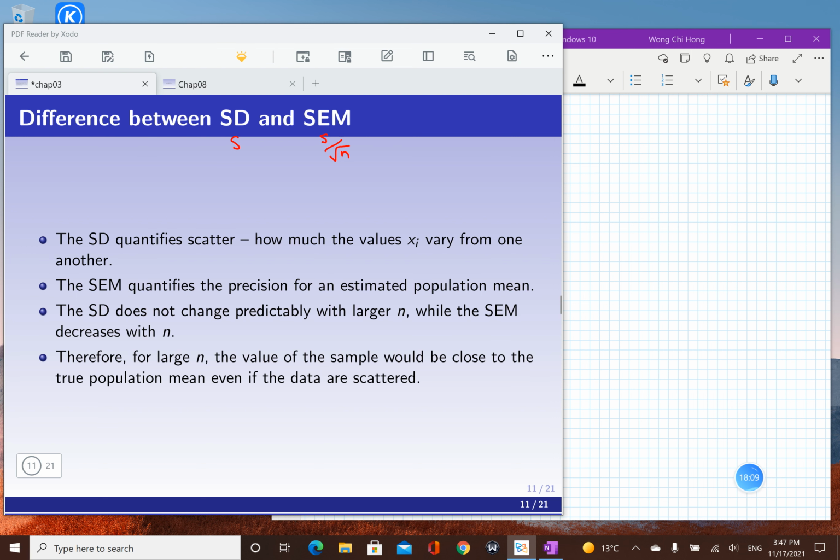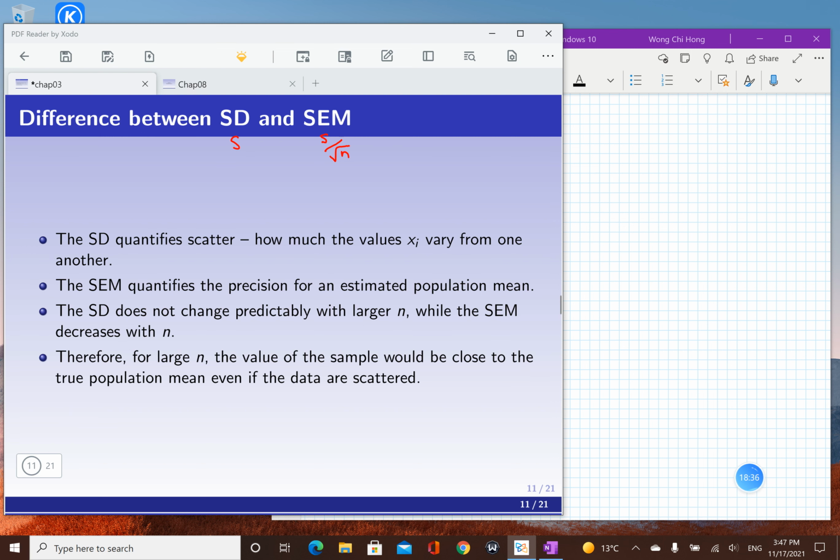But SEM is different. SEM does decrease with n. This SEM thing here has no actual physical meaning, not like your standard deviation that tells you the spread of your data.